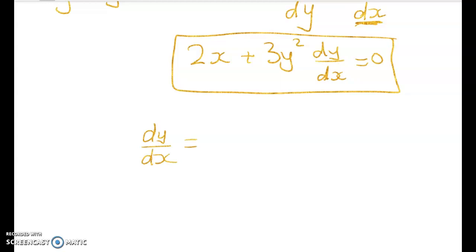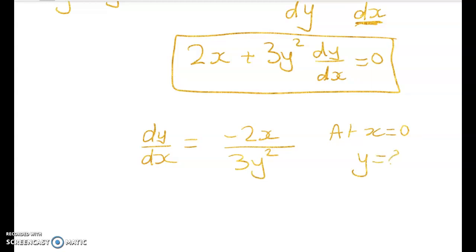So let's do that. dy by dx is equal to negative 2x divided by 3y squared. Now, the lovely thing about that is that all I need to know is my x value and my y value. So, if I want to find dy by dx at x equals 0, I just have to work out what y is.